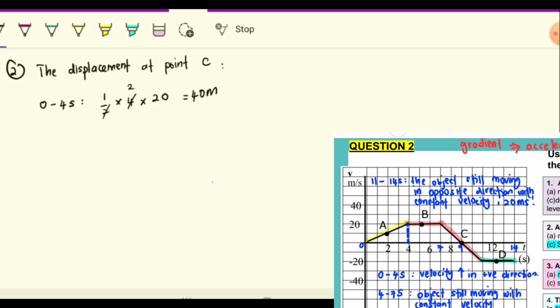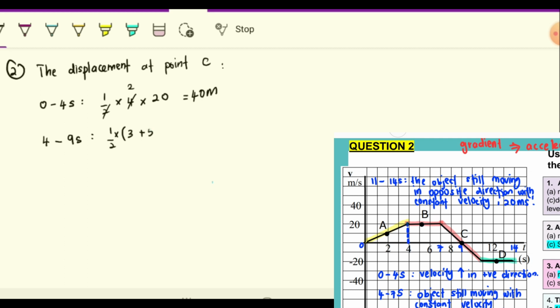Okay, and then from 4 to 9 seconds. So it's a trapezium. Okay, so half, I slightly calculate the trapezium shape. That one, so half, that one 4 minus 7, 3 plus 4. 7 minus 4 is 3. 9 minus 4 is 5.